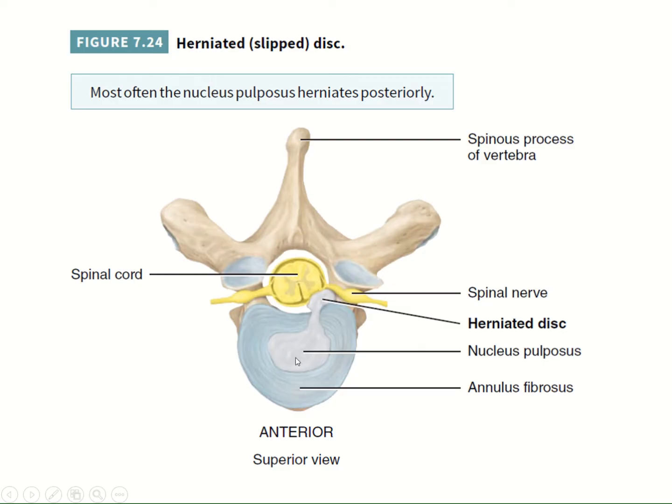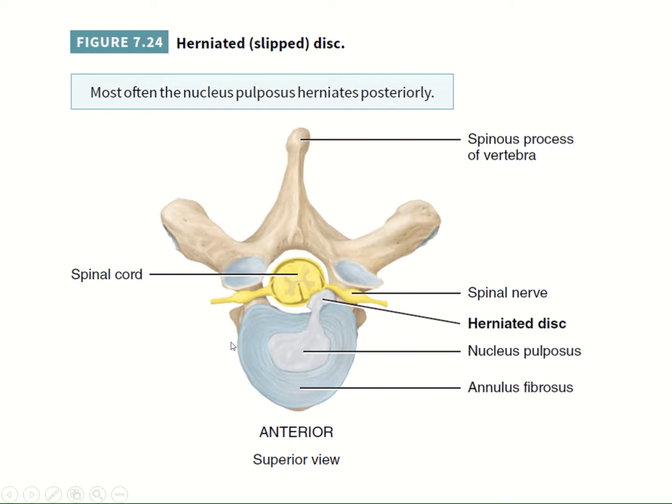However, when we become older, the intervertebral disc becomes more dense and somehow gets dried up. And then because of external forces or maybe wrong positions or switching of the positions in our vertebral column, there will be an increase in the tension and pressure resulting in herniation, or the moving of the nucleus pulposus to areas where it should not normally be found.